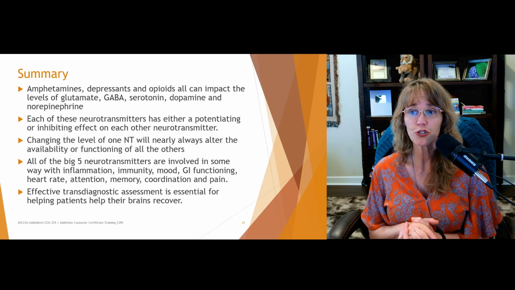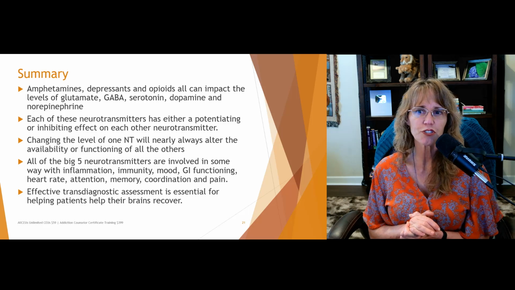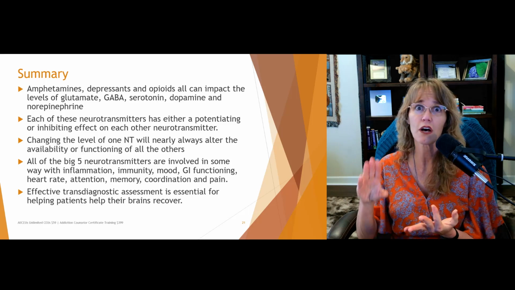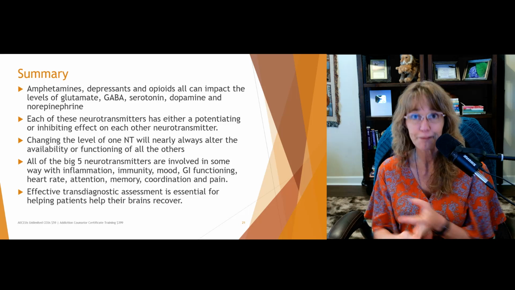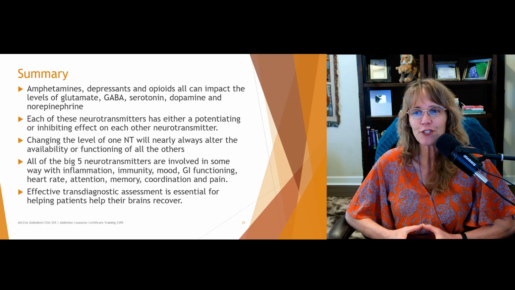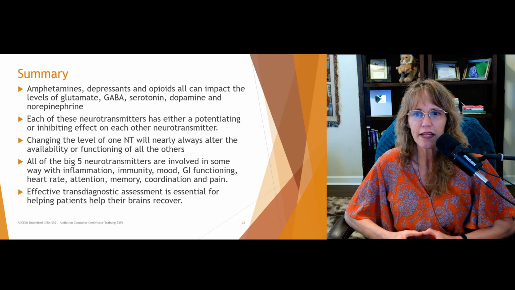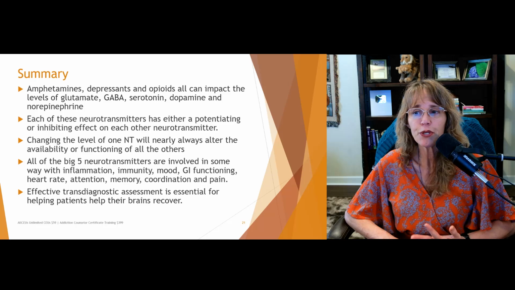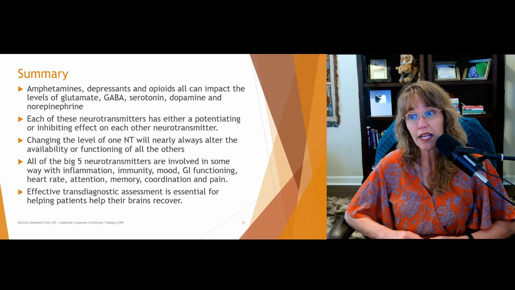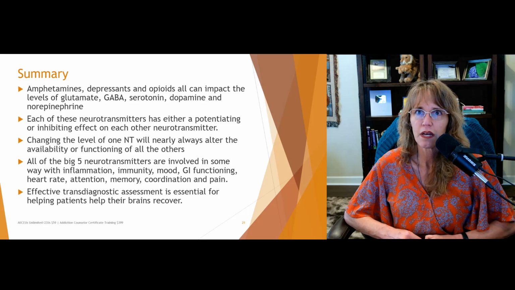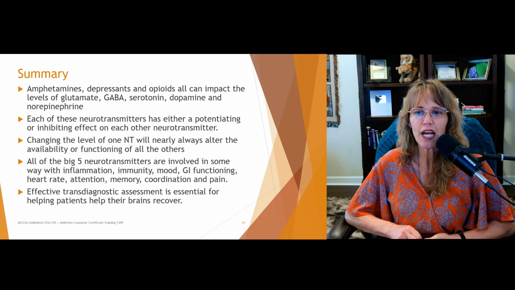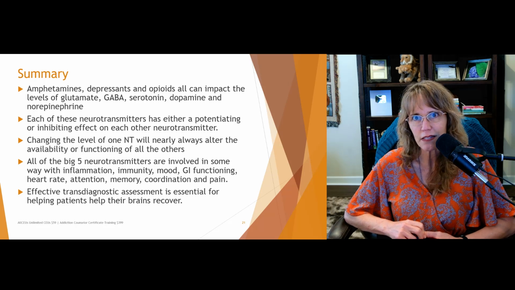Changing the level of one neurotransmitter will nearly always alter the availability or functioning of all of the others, plus your cortisol, your gonadal hormones, and your thyroid hormone. Just the way it is. All of the big 5 neurotransmitters are involved in some way with regulating inflammation, immunity, mood, GI functioning, heart rate, attention, memory, coordination, and pain. Therefore, effective transdiagnostic assessment is essential for helping patients help their brains recover.